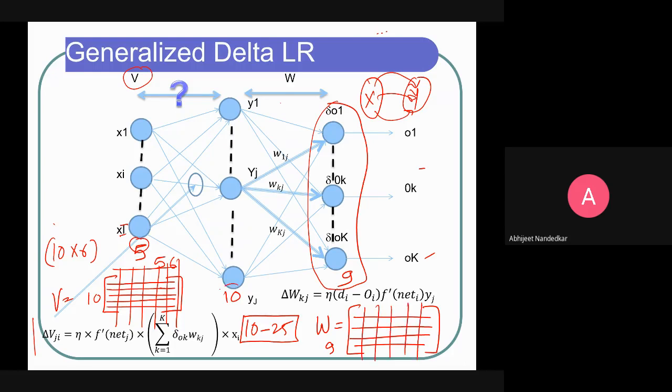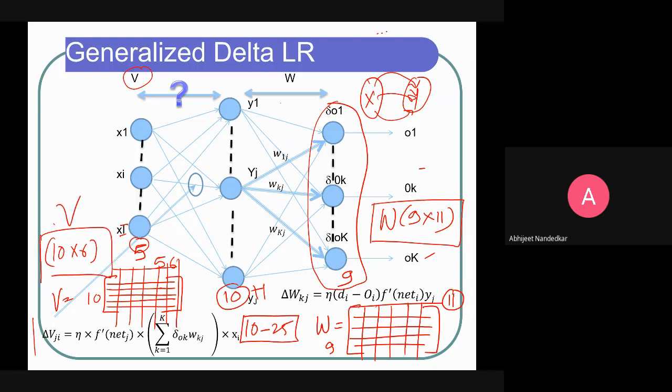So the dimension of input here is 10, and then 1 extra for the next layer. So it will be 11 columns. So the W matrix is of size 9 by 11. So once this is done, say V is 10 by 6 and W is 9 by 11.